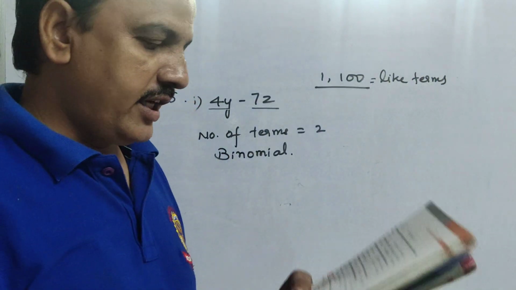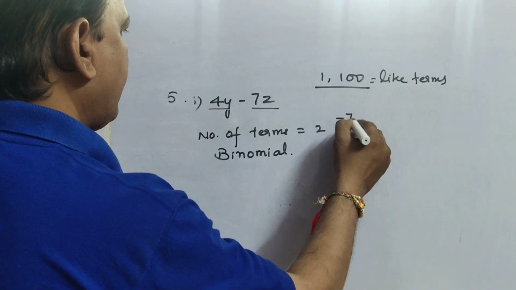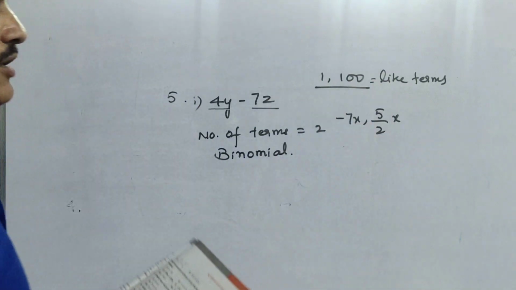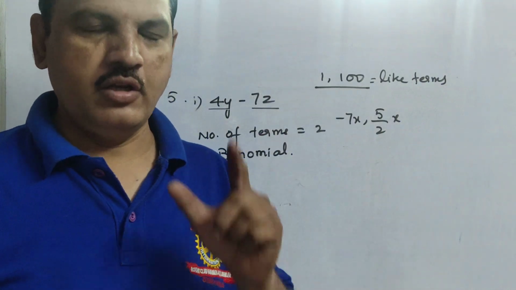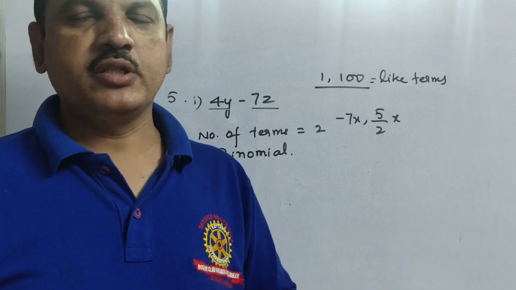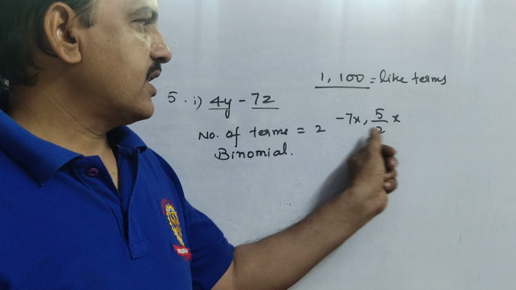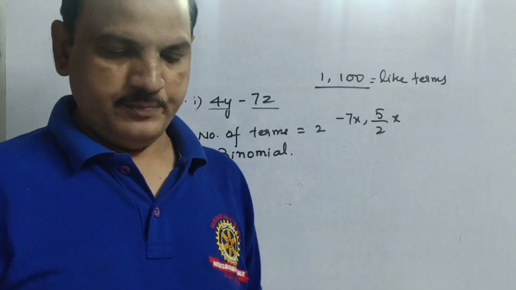In that, again the second question is there. Minus 7x, 5 by 2x. As I told you, when you are comparing like terms or unlike terms, don't check the symbols. Symbols are not the criteria. Only the variables. Here x and here also x. That means both come under like terms only.